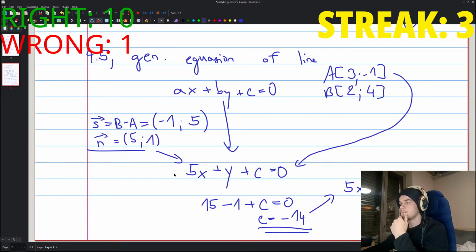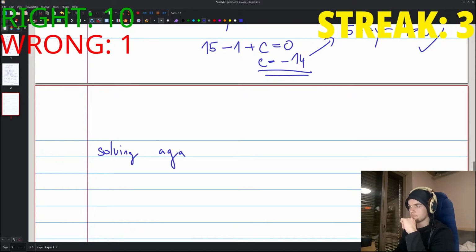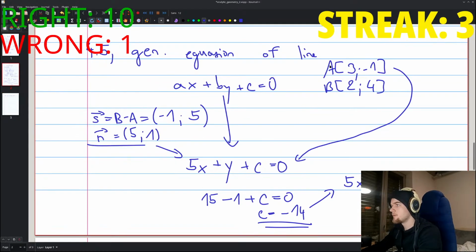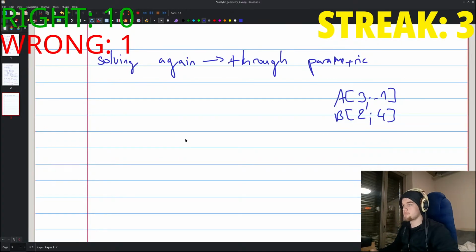Yeah, so what I want to do now is actually do this problem once more, but through the parametric equation. Let me just copy this over. Nice.